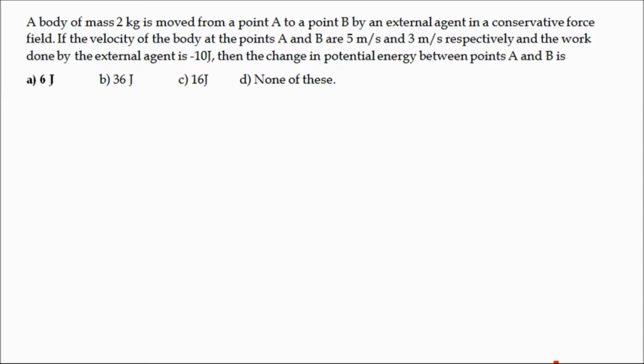If the velocities of the body at points A and B are 5 meter per second and 3 meter per second respectively, and the work done by the external agent is minus 10 joule, then find the change in potential energy between points A and B. So this is our figure: suppose we have some external field here, and the object is moving in this conservative field, such that there are two points A and B. The velocity at A is 5 meter per second, and at B it is 3 meter per second.